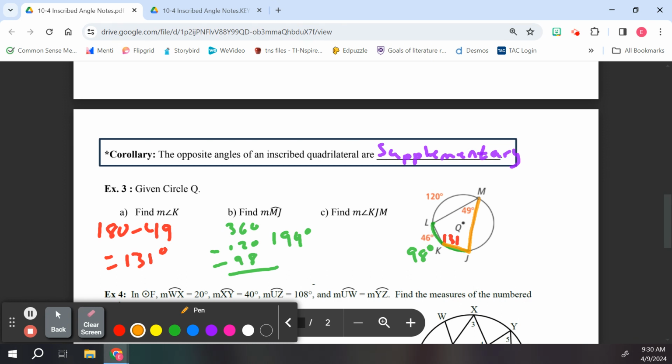Is it an inscribed angle? Yes, no, maybe so? What do you guys think? Is it an inscribed angle?